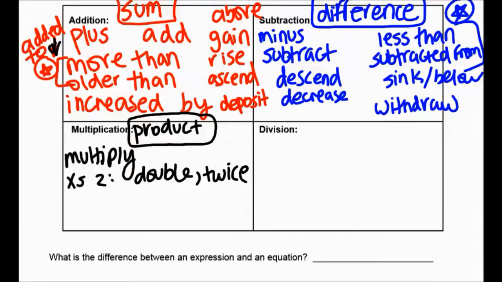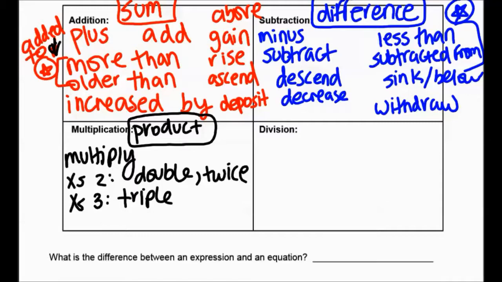Instead of saying double, we could also say twice. So twice and double both mean to multiply by 2. If I'm twice your age, again, you would multiply your age by 2. Now, if we want to multiply by 3, we would say triple. So if I said I'm triple your age, you would multiply your age by 3 to figure out how old I am.